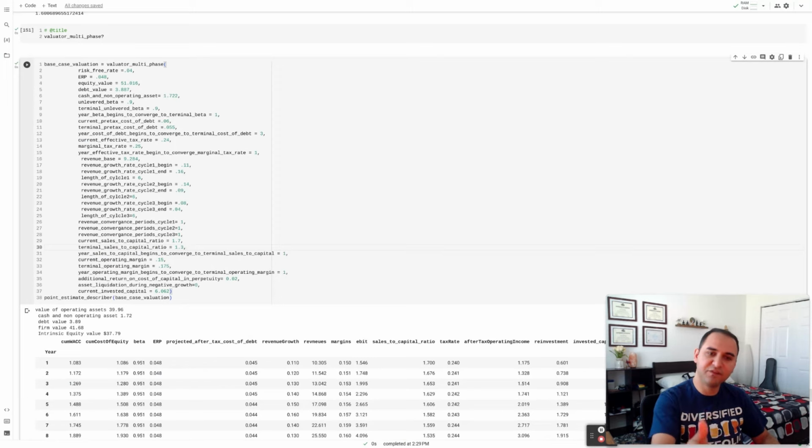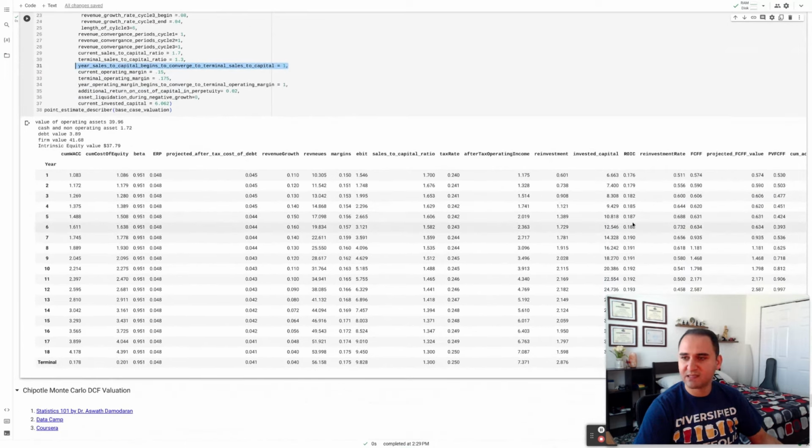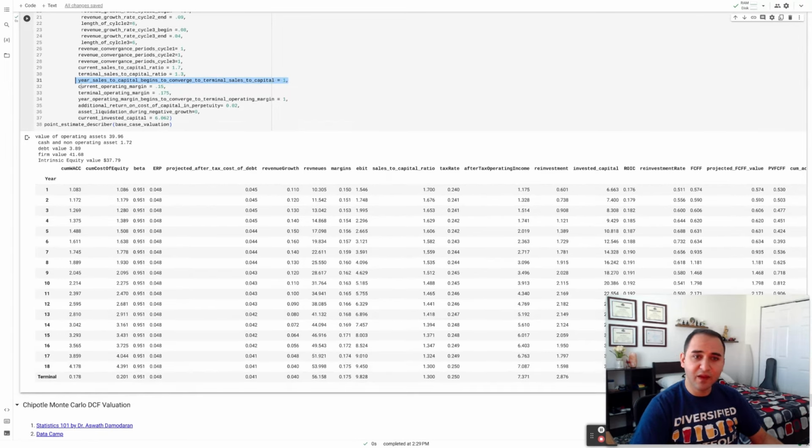So I feel comfortable starting from 1.7 and over the next 18 years bringing it to 1.3. And again, the model is going to ask when that phenomenon is going to kick in, when it has to converge from 1.7 to 1.3. And as you see, the sales to capital ratio starts from 1.7 and gradually gets reduced to 1.3 over 18 years.